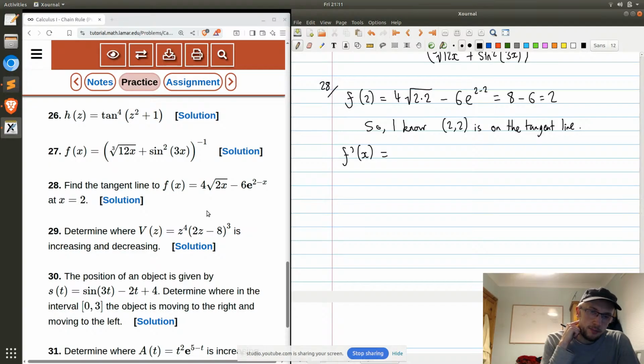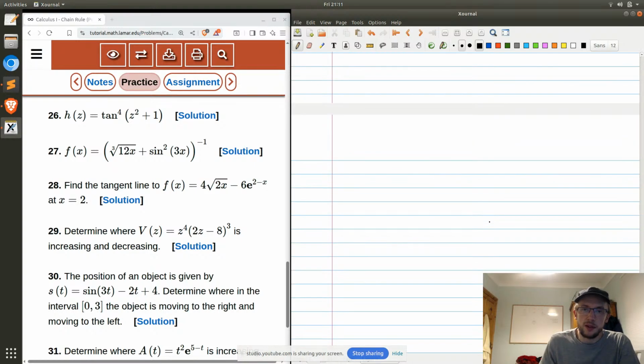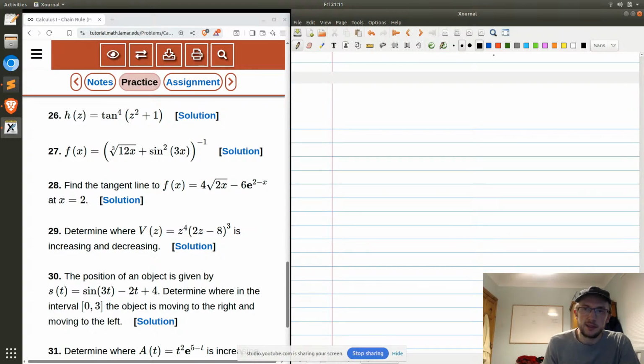Okay. Just think for a second. Okay, that's 4 root 2 times root x, if you think about it. Because I feel like I'm going to start making mistakes if I push too quickly. So I'm going to go down here and take it slowly.